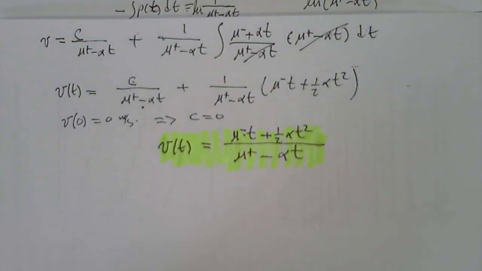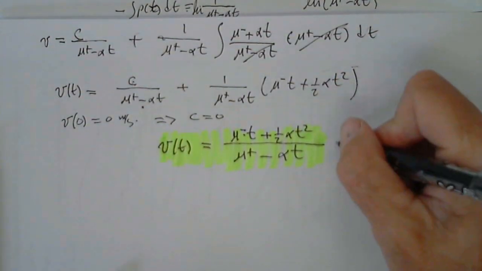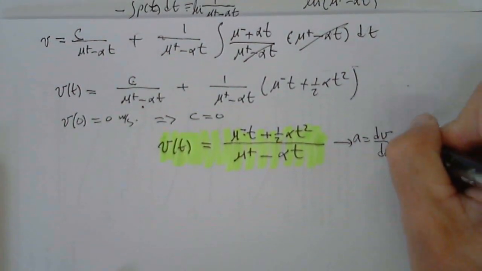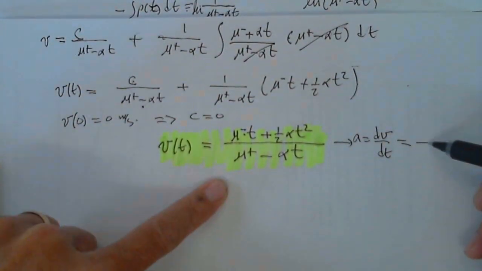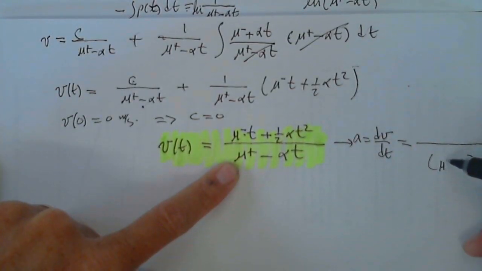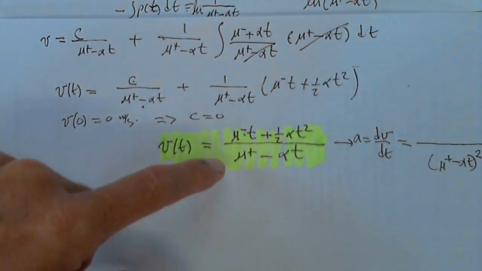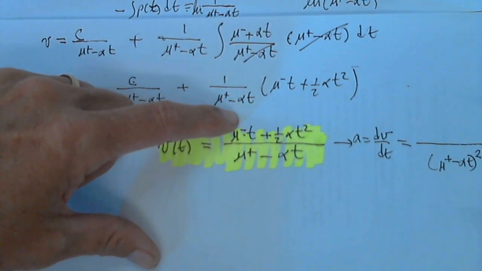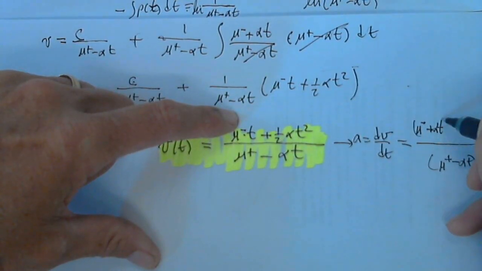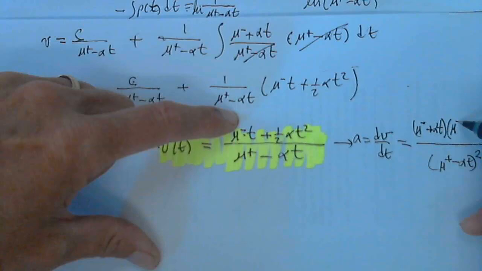You are going to say, if you take the derivative of this to get acceleration, the denominator has to be squared, and then you get the derivative of the first one, that is mu minus plus alpha t, times the second, mu plus minus alpha t.